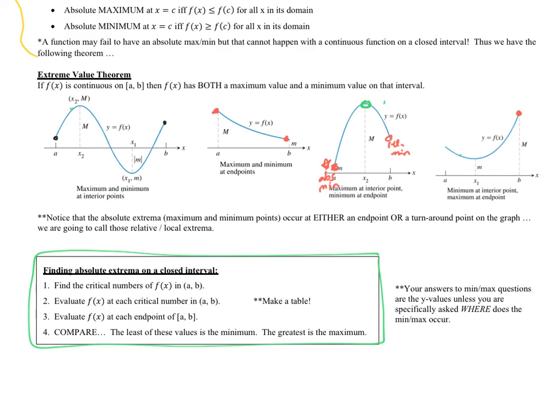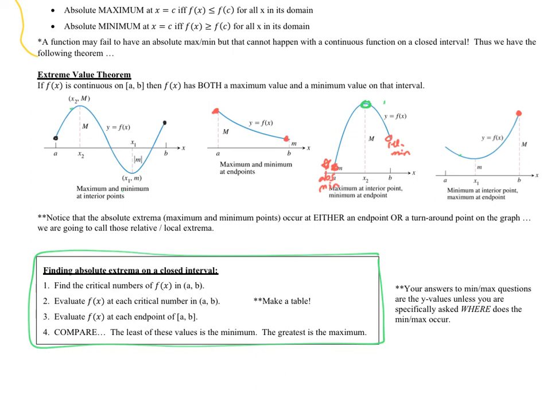Then what would have been the maximum point is now no longer a point. My function is approaching this high point, but we don't know how high it gets. It gets really, really close. There's a limit of some value as I get up to that point, but I'm never reaching it. Therefore, there is no absolute max.